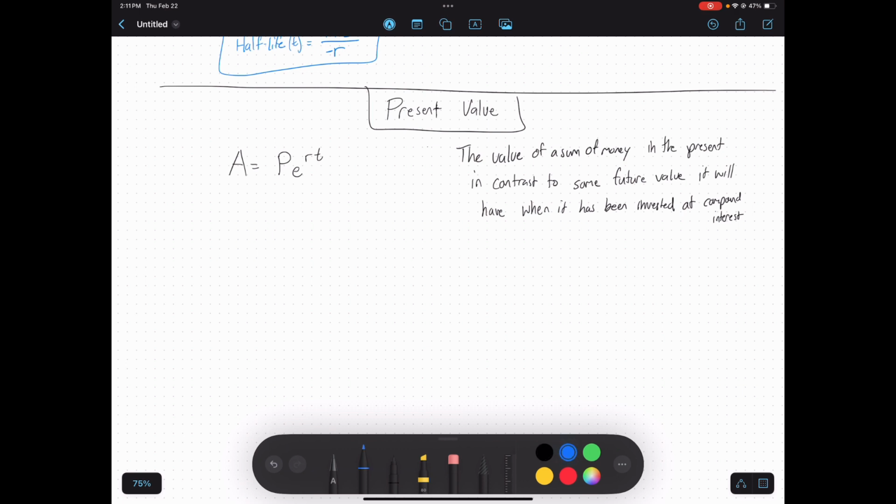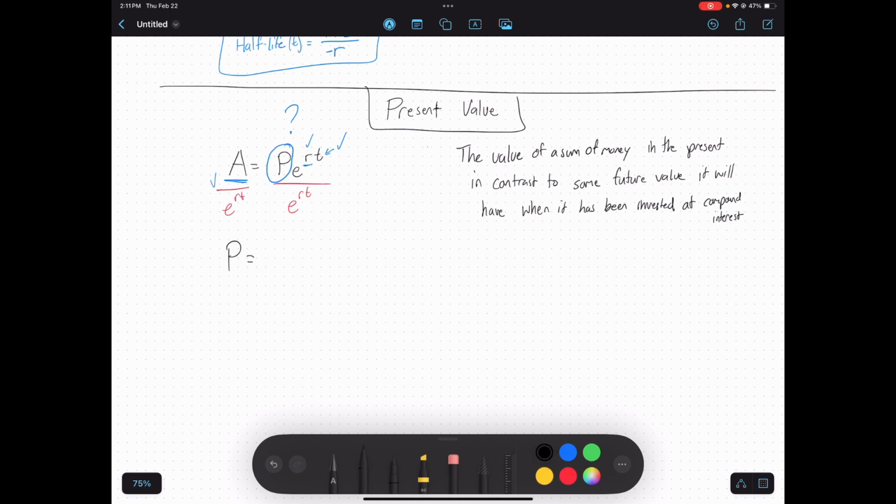Well, based off of how we understand present value, that means this is the value that I don't know. Usually with present value, this value is given, your rate is given, and the time is given. And so you're solving for that p-value. Well, that means it might be helpful for me to isolate p, to get p by itself. All that takes is for me to divide by e to the RT.